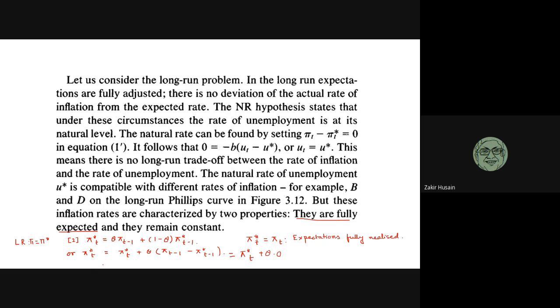So pi star_t is equal to... sorry, this is t minus 1, right? So we are not going to revise our expectations. If my expectation is correct, if it is fully realized, I'm not going to change the expectations.